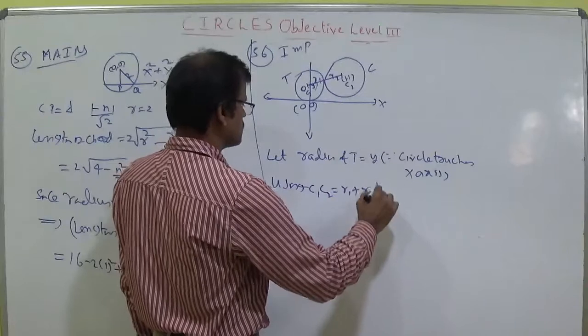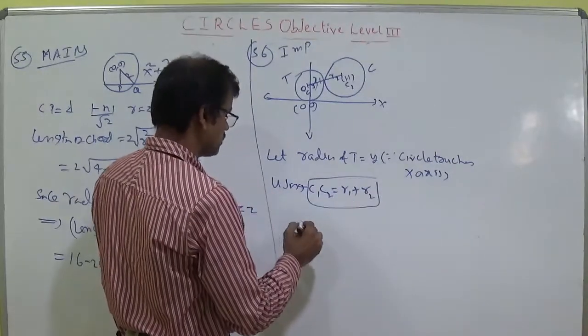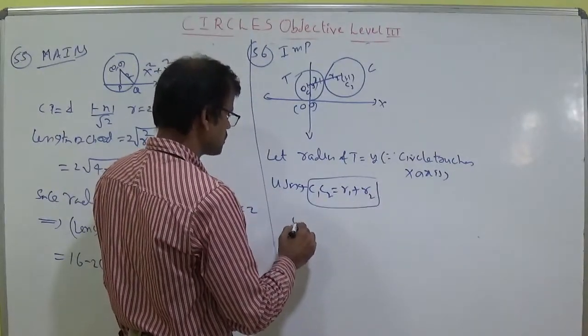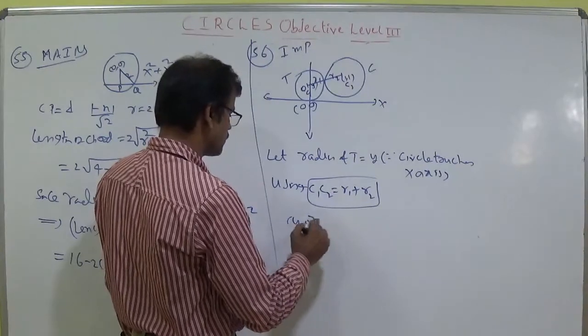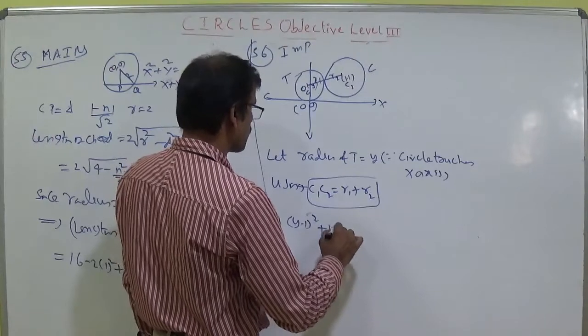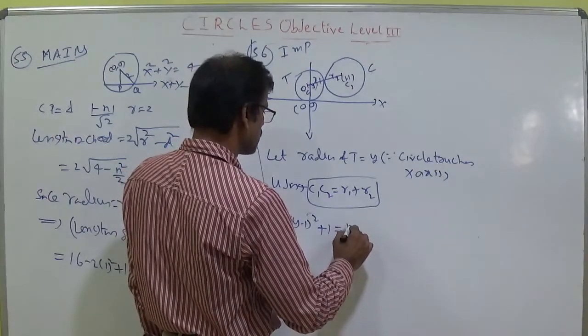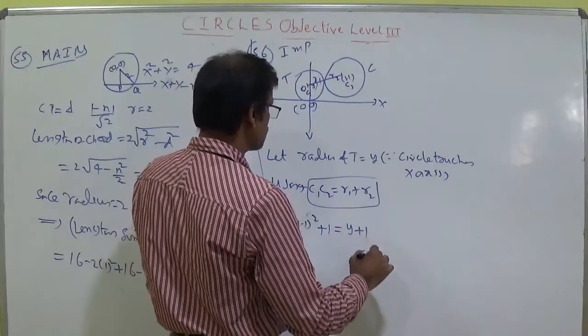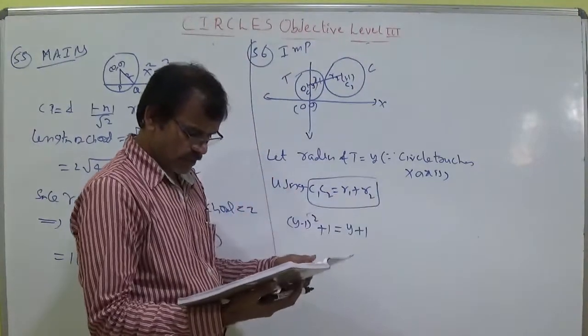Now using the condition C1C2 is equal to R1 plus R2: C1C2 is the square root of (y minus 1) whole square plus 1, which equals y plus 1, since R2 is given as 1.